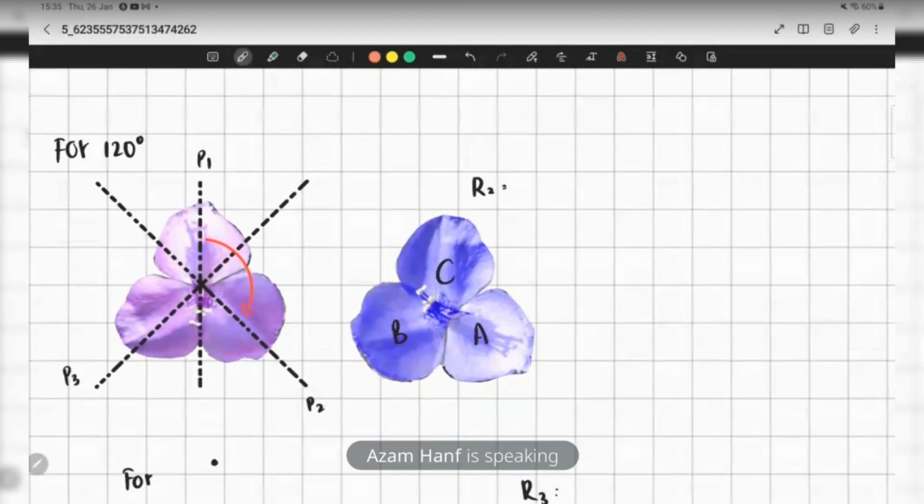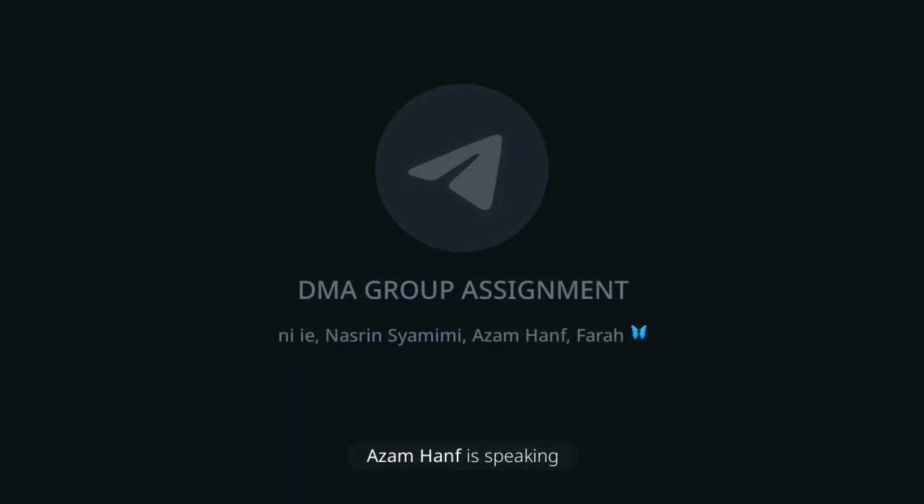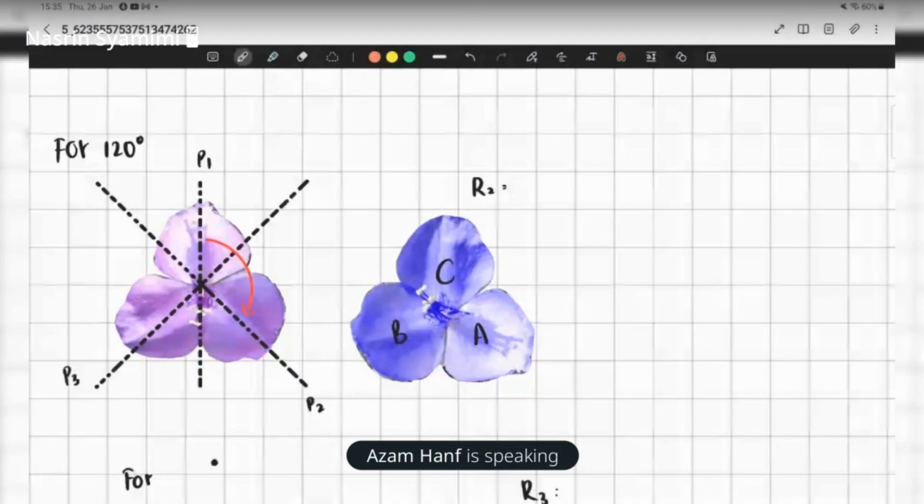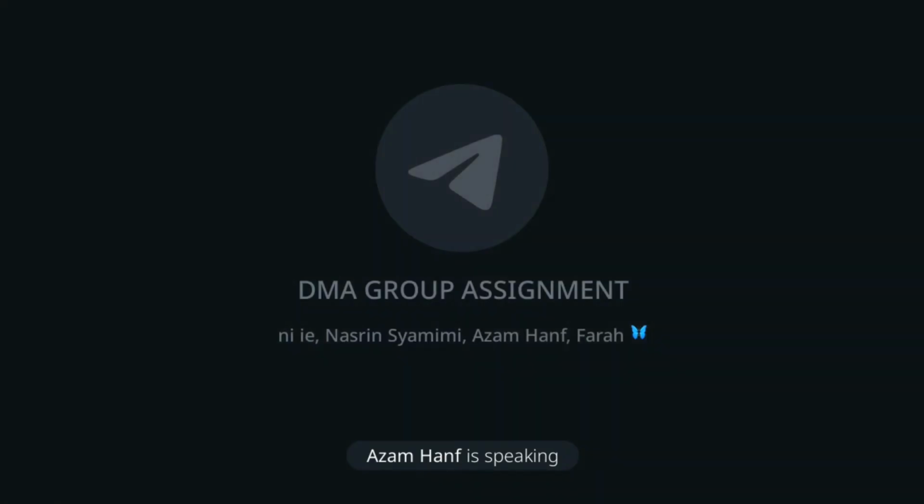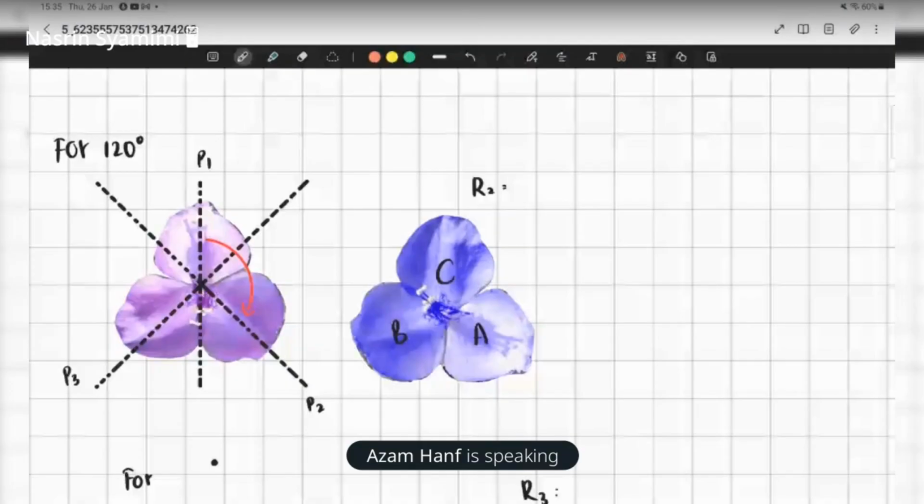For the next one, we are going to rotate the flower by 120 degrees. The location of each petal has changed.